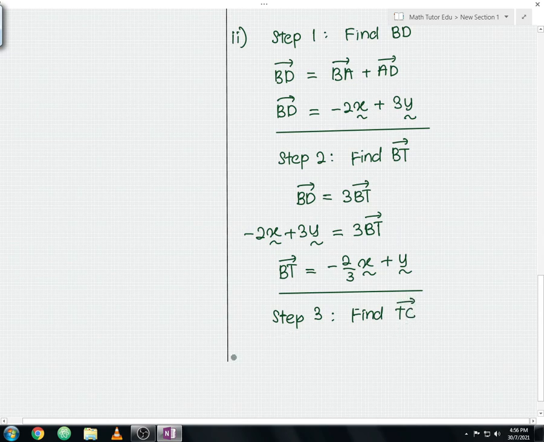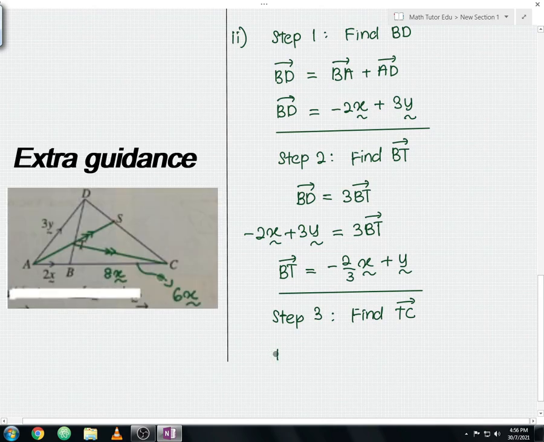How to find vector TC? We're going to use the addition of two vectors, in this case vector TB plus vector BC.